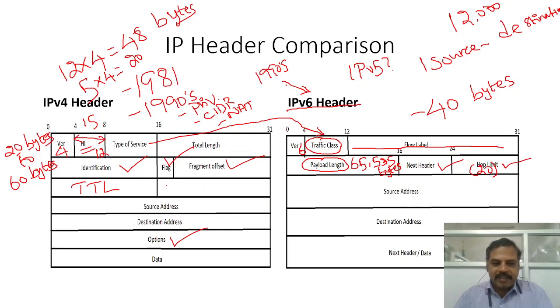And here we are having the upper layer protocol field in IPv4, which is not in IPv6, because always the upper layer is TCP or UDP, and since it does not require to be explicitly represented, they have removed it in IPv6. Then the source address in IPv4 is 4 bytes in length, that is 32 bits. In the case of IPv6, the source address is 16 bytes, which translates to 128-bit length.